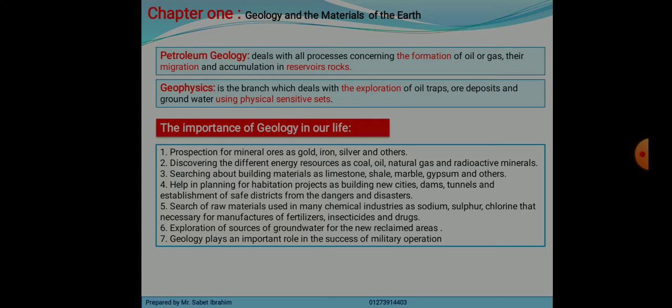Also, it discovers energy resources like coal, oil, natural gas, and radioactive minerals, and searches for building materials like limestone, shale, marble, gypsum, and others.